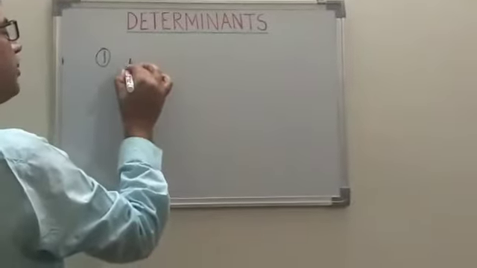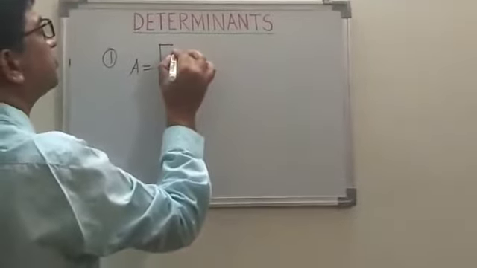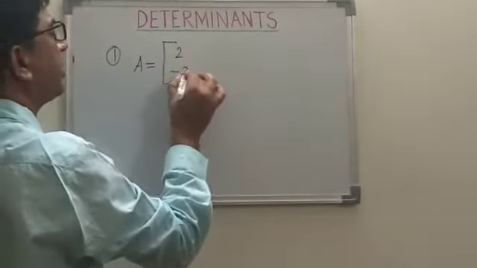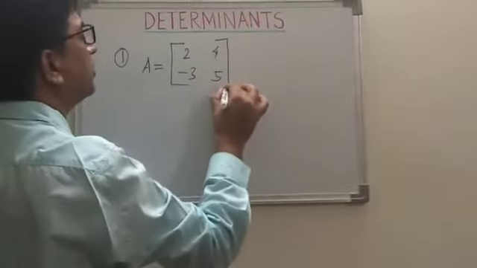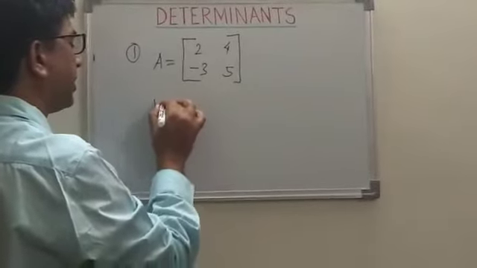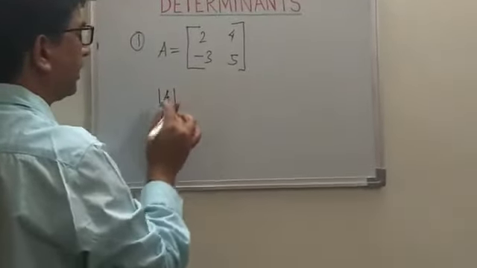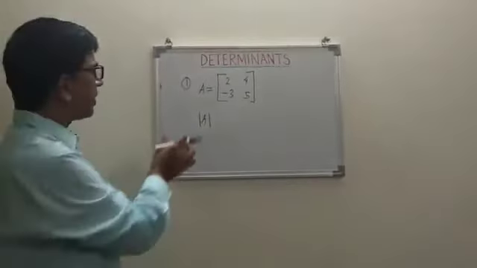Suppose we have a square matrix of order 2: 2, minus 3, 4, 5. The determinant of this square matrix is a number. The determinant can be indicated between bars.